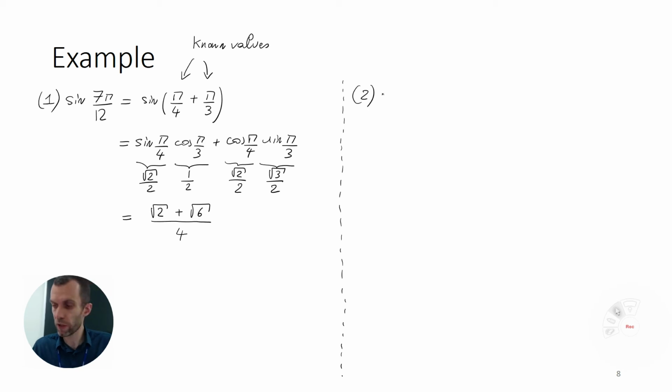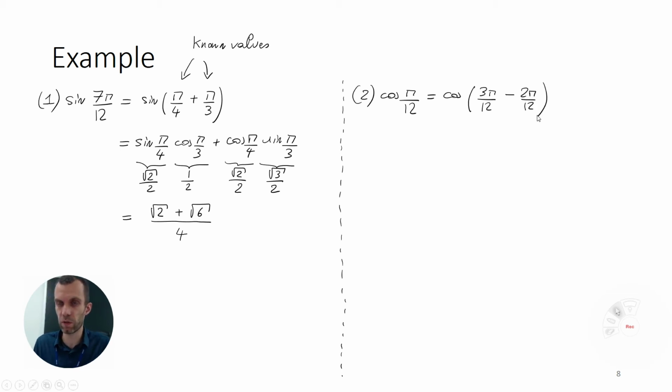Let's have a look at cosine of pi divided by 12. Again, pi over 12 is not an angle that we know by heart what cosine is, but we can write this as cosine of 3 pi over 12 minus 2 pi over 12.